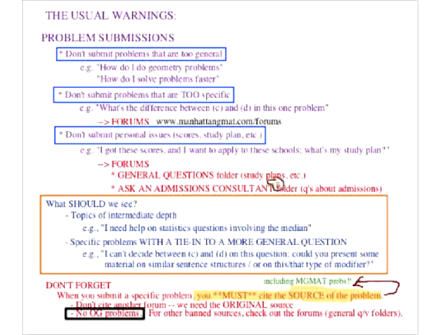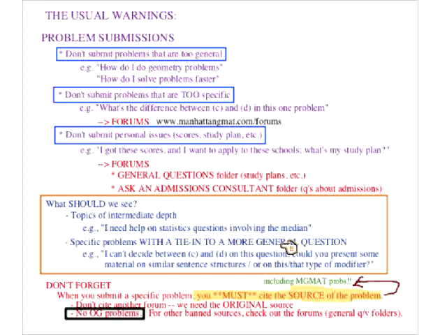It's called the General Questions folder. That's what you should use for general questions about study plans and so forth. If it's a question about admissions, there's an Ask an Admissions Consultant folder, which is moderated by our partner firm, MBA Mission. So you can also post questions about admissions in that folder.